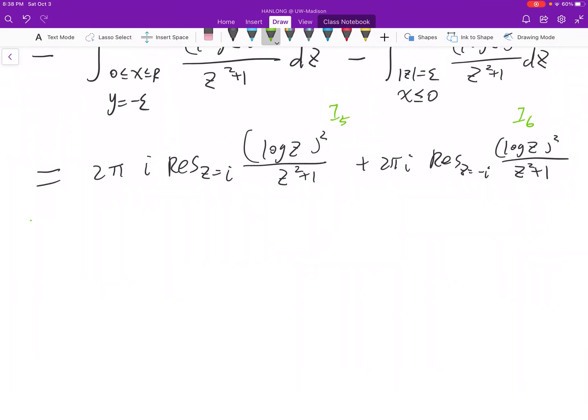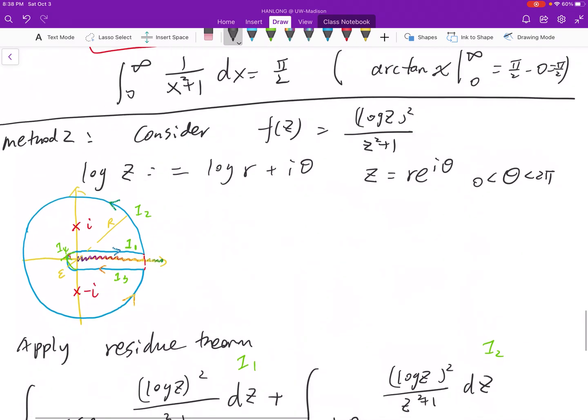I5 is just a residue, computed by 2 pi i times the limit as z goes to i of (log z)^2 over (z plus i). And note that here we need to use the formula for log z.